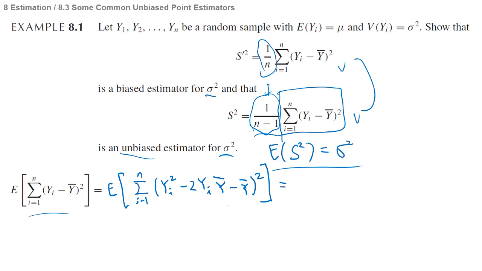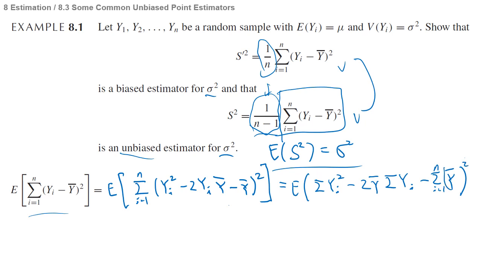And from here we move summations inside. So sum of yi squared minus 2 times sum of yi times y bar, since y bar is constant in the summation, we put y bar outside, and sum of yi, plus sum over i equals 1 to n of y bar squared.